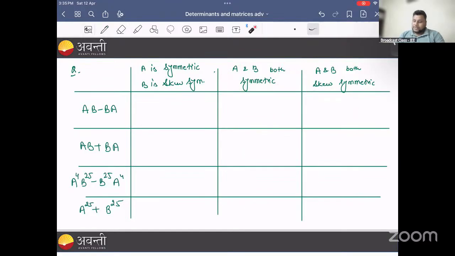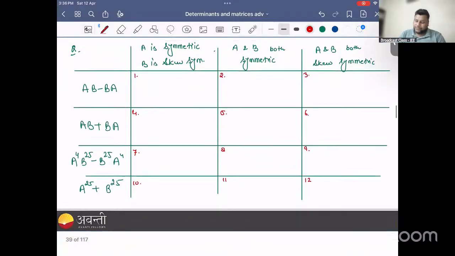All right. See, one or two parts I'll do for you. First of all, say I name them 1, 2, 3, 4, 5, 6, 7, 8, 9, 10, 11, 12. Say I'll do the first part for you.